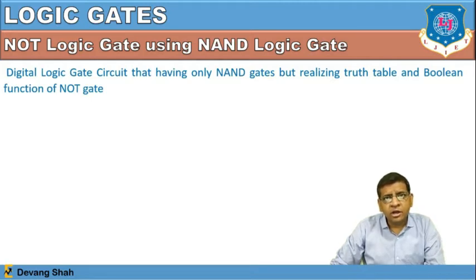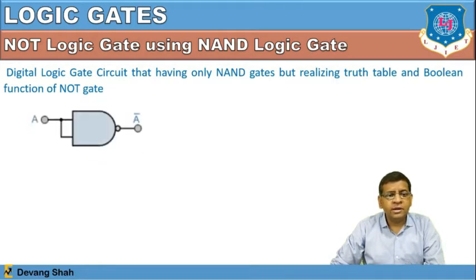You can convert A dot A into A as per Boolean algebra. So the output is A bar, which is the Boolean function of the NOT gate. By that way, you realize how you can realize the Boolean function of the NOT gate using NAND gates only, right?